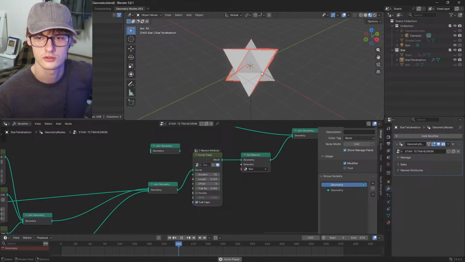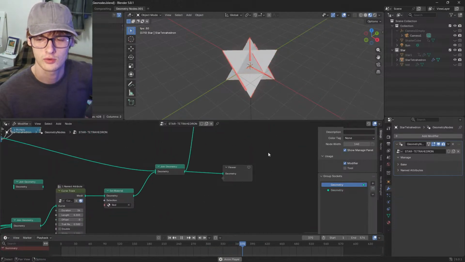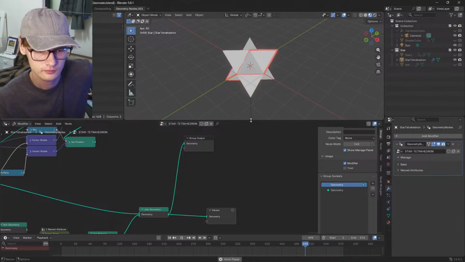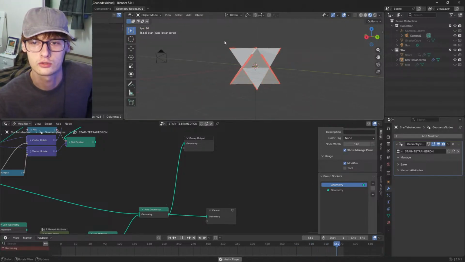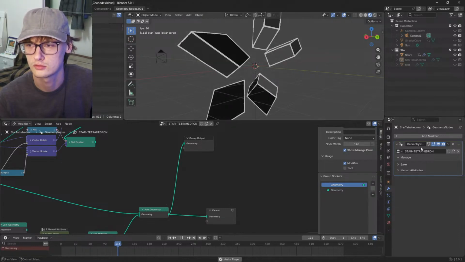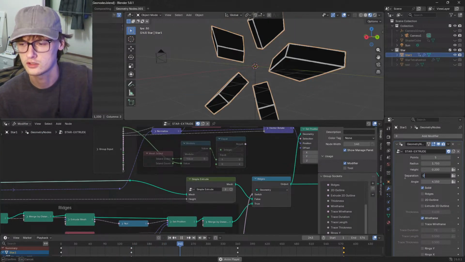What did I want to do even with this? I can make it spin around. I can also do something where I put circles in the same way that I did with this. Hold up. Let's bring all this star back into shape.